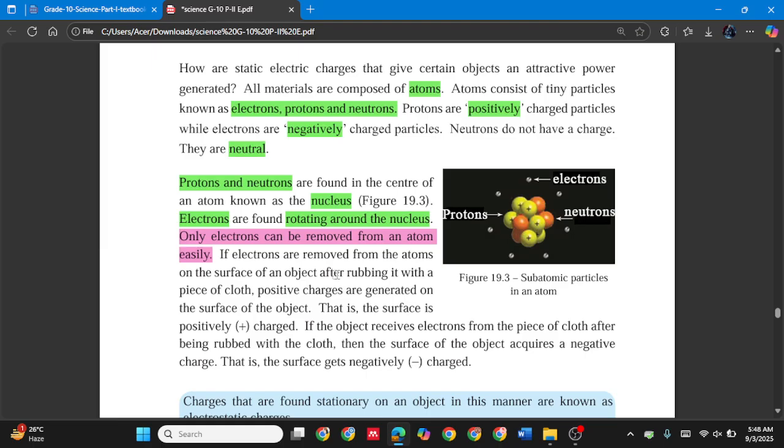That means if there are the same number of electrons and protons on an object surface, and you remove electrons by rubbing, it has an electron deficiency. That means it just has more positive ions, so it became positively charged.